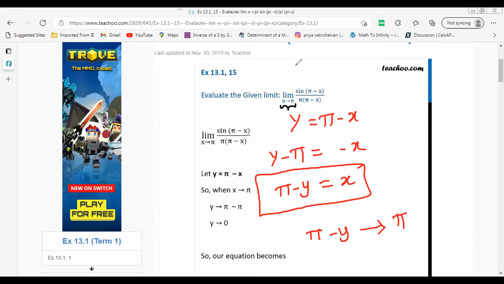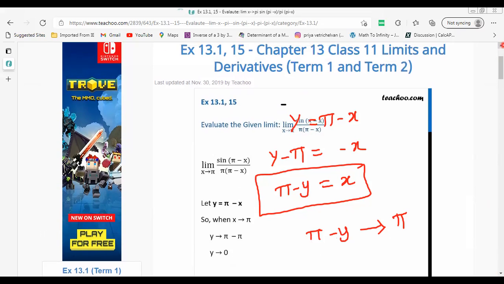Yes, ma'am. So now what I have told you, I have to write the x in terms of y. So I need y over there. I have to make this pi minus y expression as y. How can I do that? I have to subtract pi on both the sides.